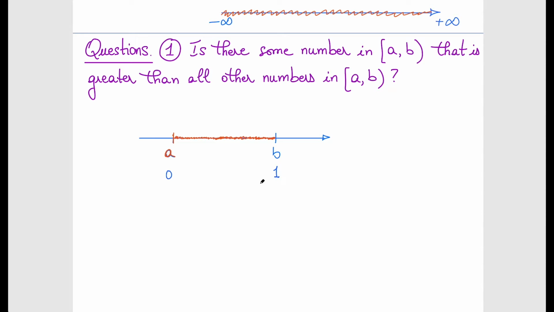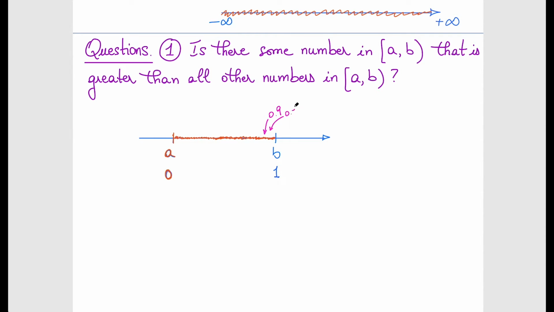We know that A is orange, so 0 is orange, and B is 1, so 1 is blue. The question is, is there an element that's the last one here? You might think about 0.9, right? 0.9 is there somewhere. But 0.91 is after it, right?